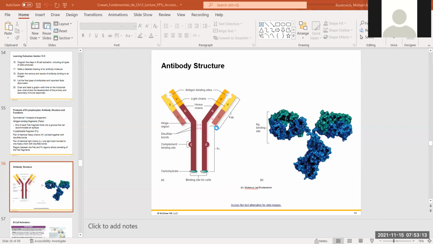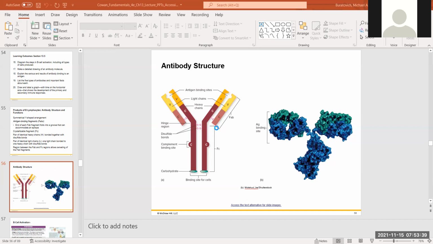So if we look at the different isotypes of these antibodies, IgM has 5 different immunoglobulins linked together, and each of those has 2 antigen binding sites. So there are 10 antigen binding sites in that IgM molecule. IgMs typically have low affinity for the antigen.